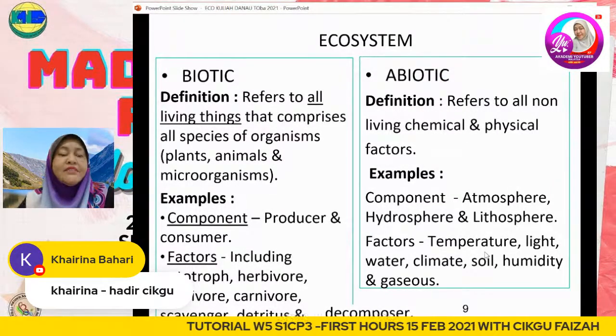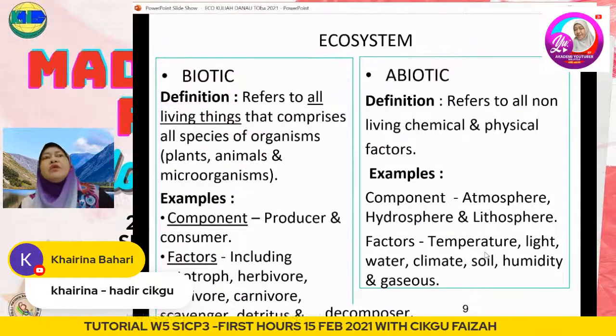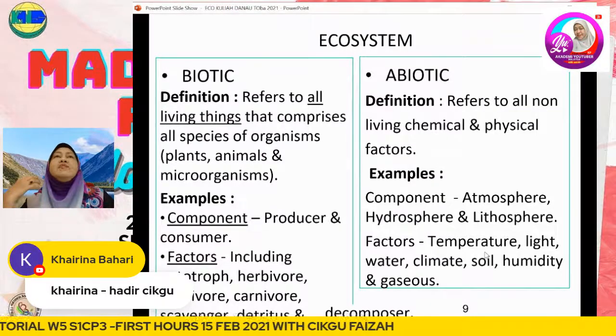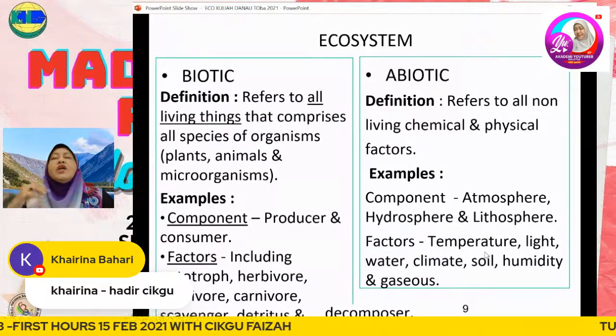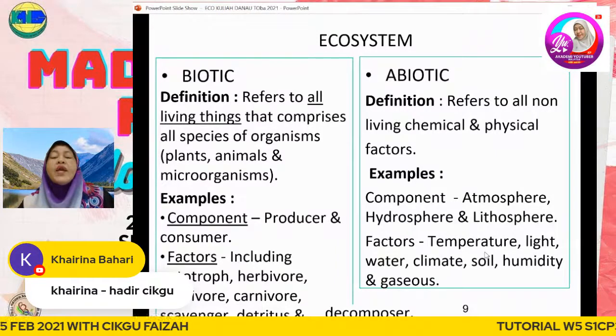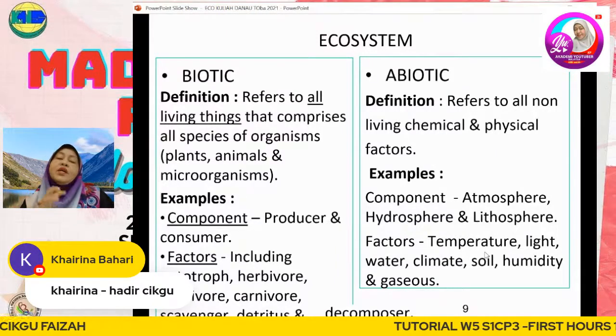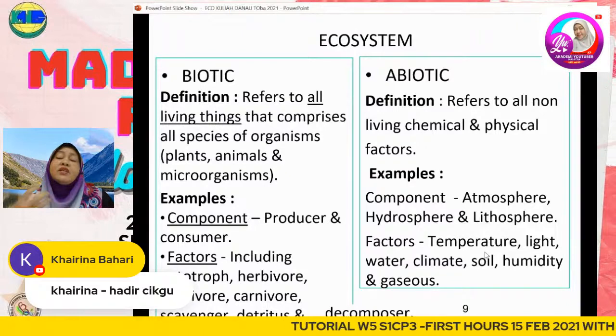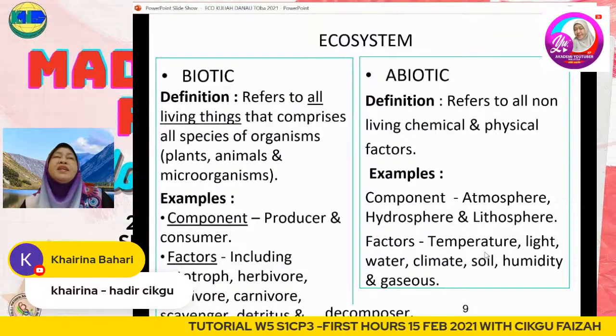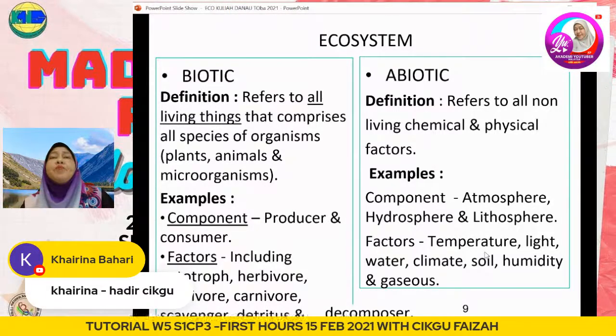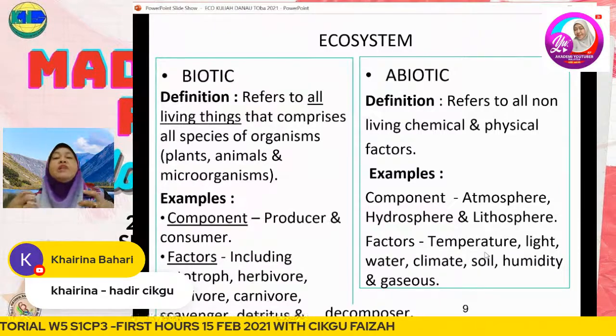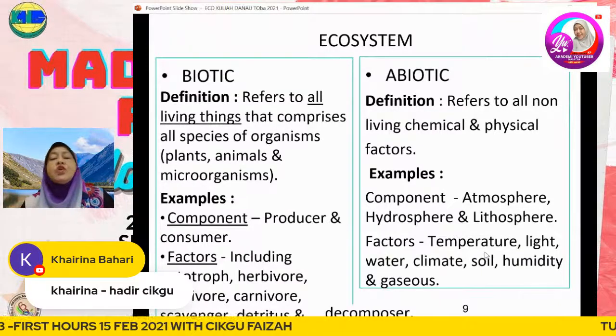Like teacher mentioned just now, class, the concept of ecosystem involves the individual, the organism itself. When the individuals of a species group together, it becomes a population. From many populations, it becomes a community.